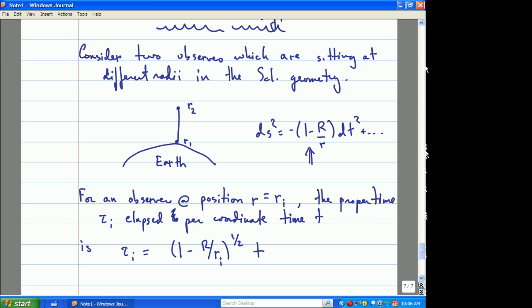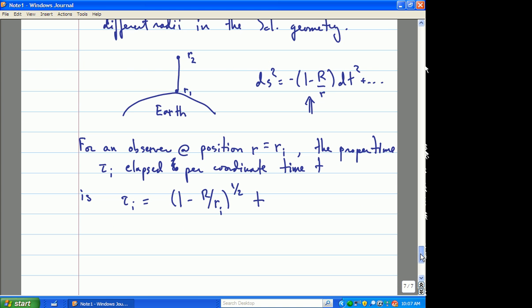All I have done here is I've used the fact that the proper time elapsed is the square root of minus ds squared integrated along the observer's world line. So if you have a coordinate time t, then the proper time which is elapsed will be related to that coordinate time interval t by an amount that depends on where you're sitting. So for example, tau 1 is going to be different from tau 2.